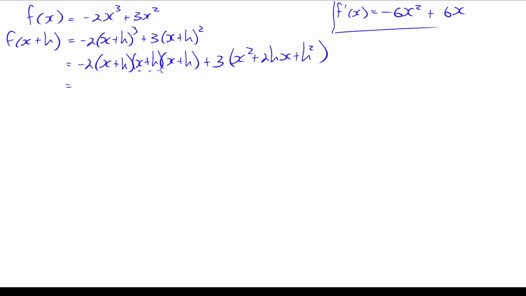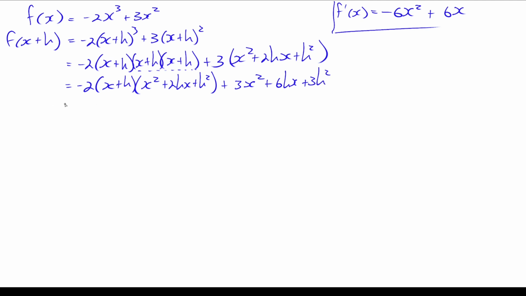Here I'm going to distribute those two brackets. They end up being x squared plus 2hx plus h squared, plus, and then this one distributed in 3x squared plus 6hx plus 3h squared.